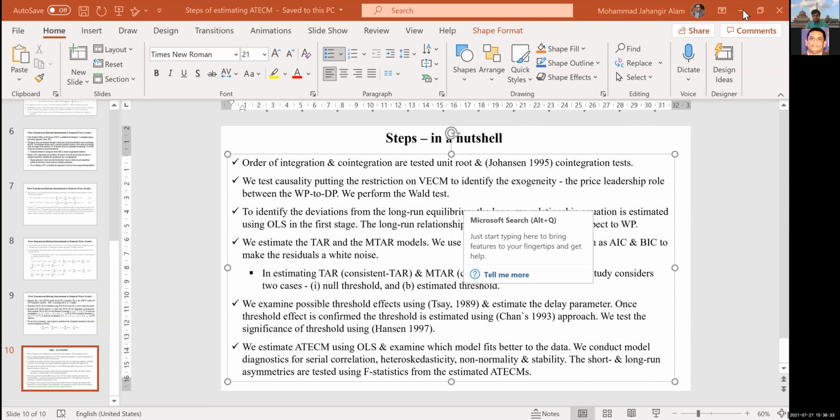Yes, there is a difference, because in the MTAR, you are actually using the TAR or MTAR to estimate the threshold value, and then there are some other tests that I showed to check whether that threshold value is significant or not. But nonlinear ARDL is something different. ARDL is completely different from the threshold autoregressive error correction model.